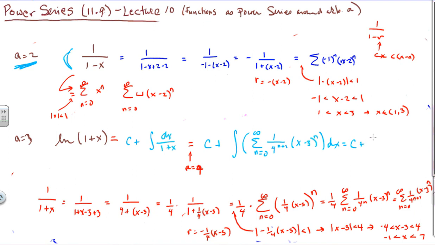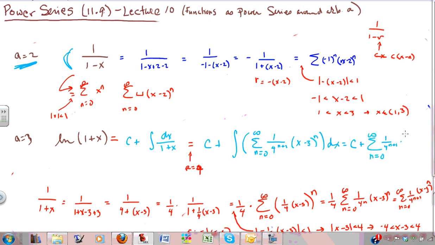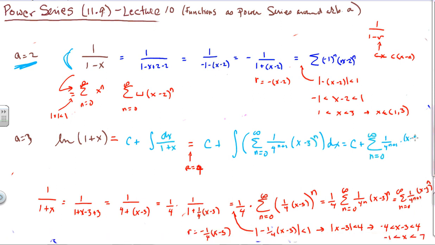When I integrate this term by term, let's pay attention to what we have here. 1 over 4 to the n plus 1 is constant. I could try a u substitution, u equals x minus 3, but I don't really need to because du is just dx. That's going to be 1 over 4 to the n plus 1 times (x minus 3) to the n plus 1 over n plus 1.